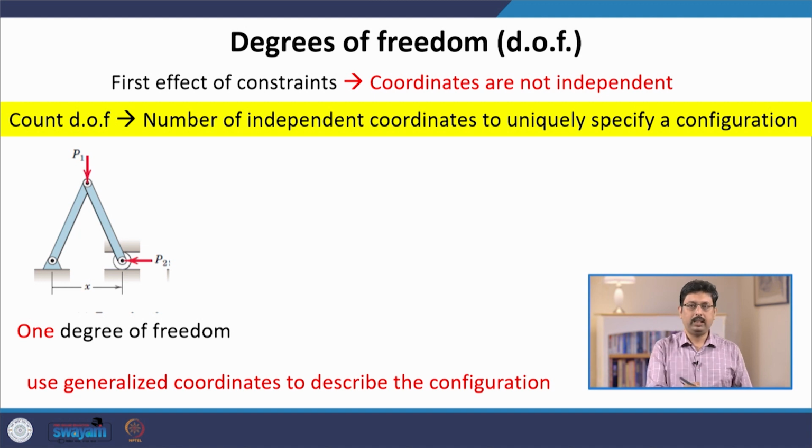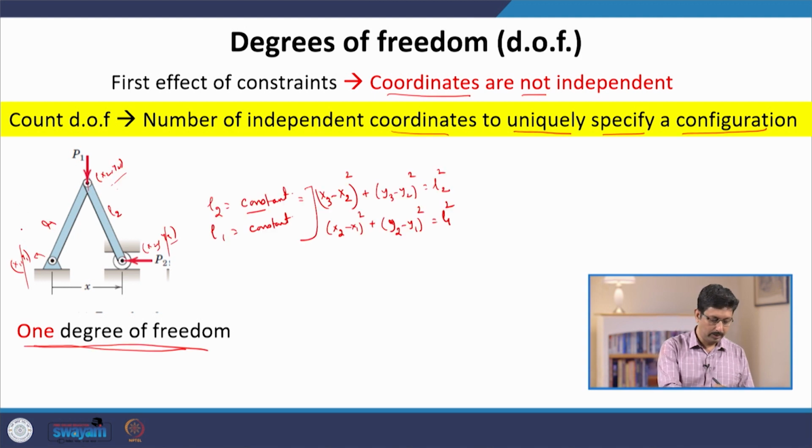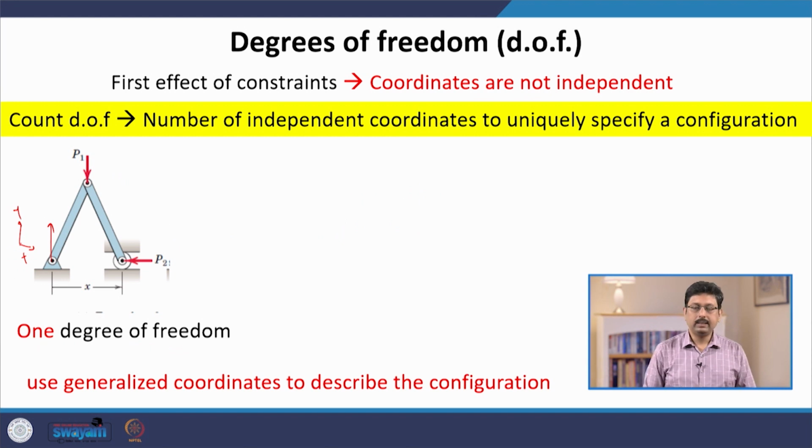For example, in our analysis we considered the Cartesian coordinates with respect to some arbitrary origin. So, let us say this is my origin, this is my y axis, and this is my x axis.